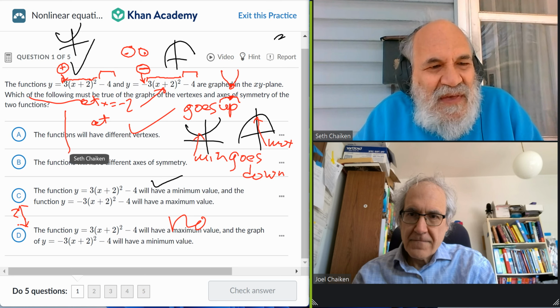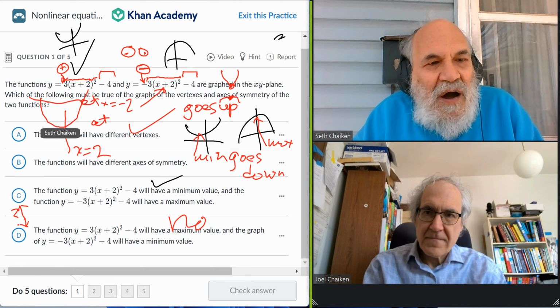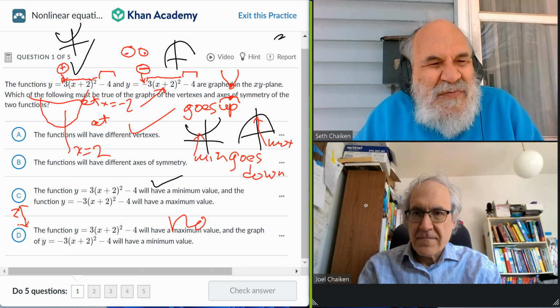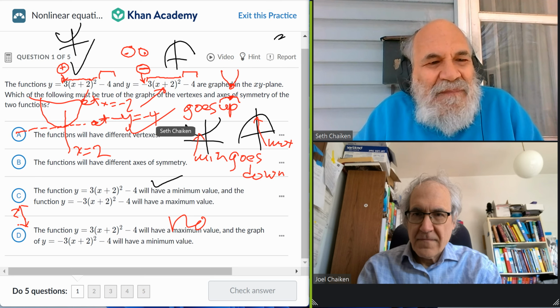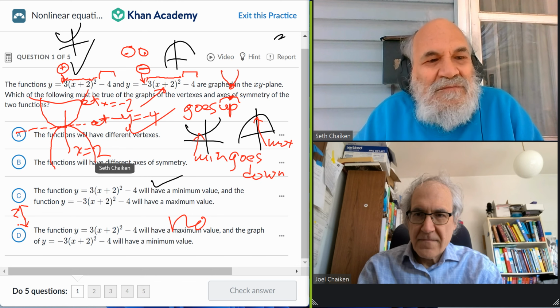At x equals 2, we have the one that goes up like this, through the vertex. Let's draw the horizontal line where y equals -4, and the other one goes like this.